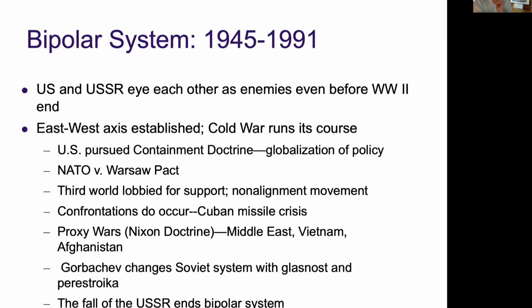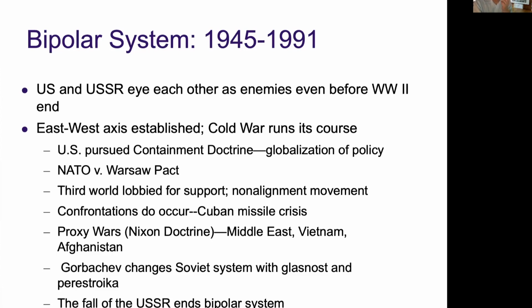The one is this idea about building alliances. So the United States, as well as the Soviet Union, within the process of becoming the two superpowers, were really trying to get as many allies as possible.